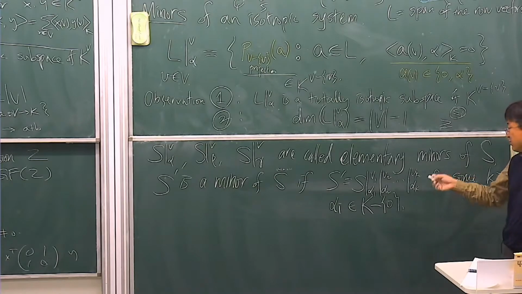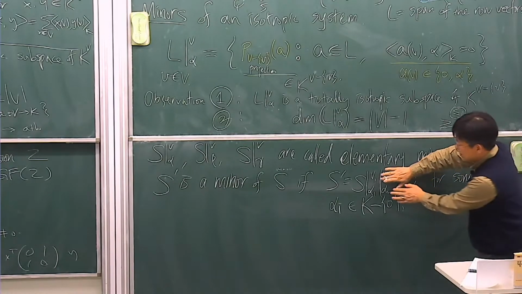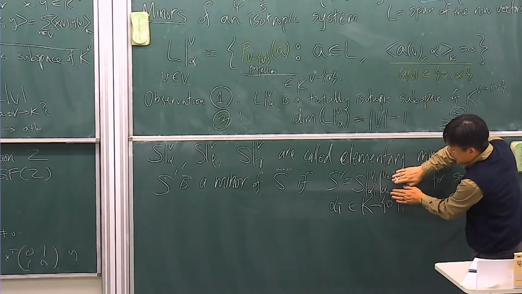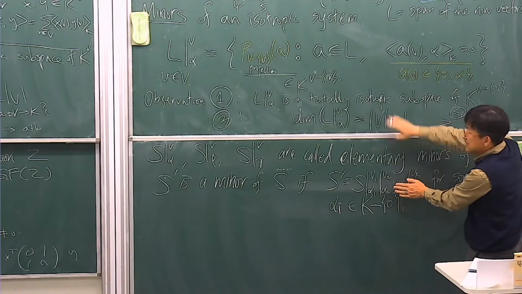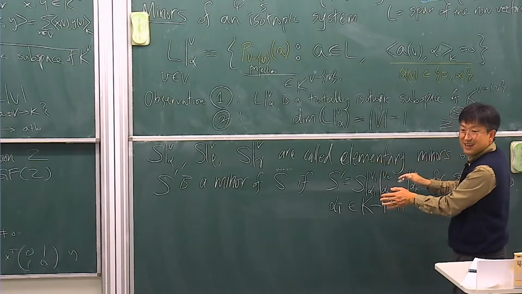If I do one more, then I also decrease by 1, because this is already an isotropic system. By this observation, it will decrease the dimension inductively.